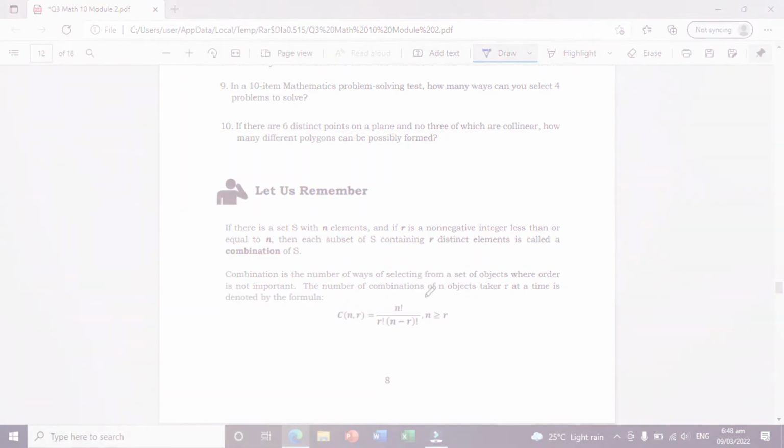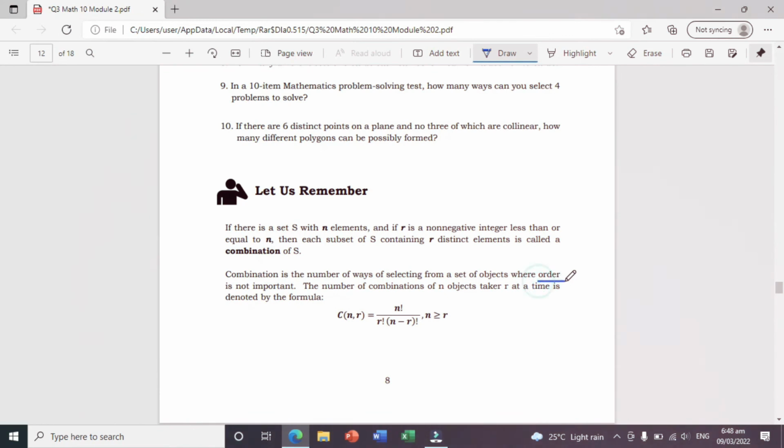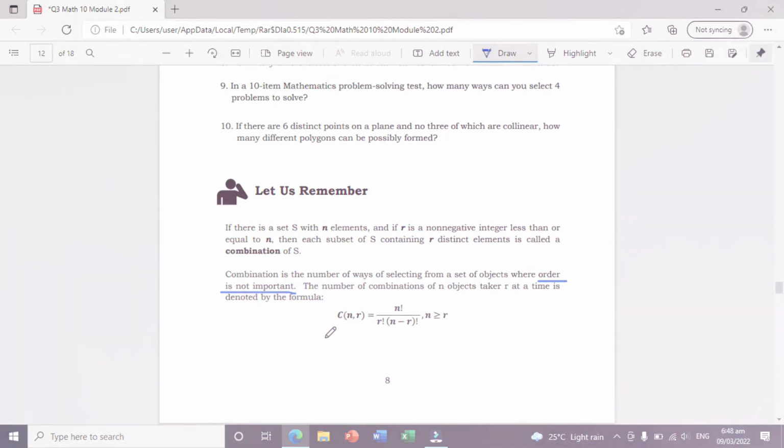So in combination, do not forget, order is not important, regardless of which comes first, next, third, fourth, up to last. The number of combinations of n objects taken r at a time is denoted by the formula C(n, r) equals n factorial over r factorial times (n minus r) factorial, where n should be greater than or equal to r.